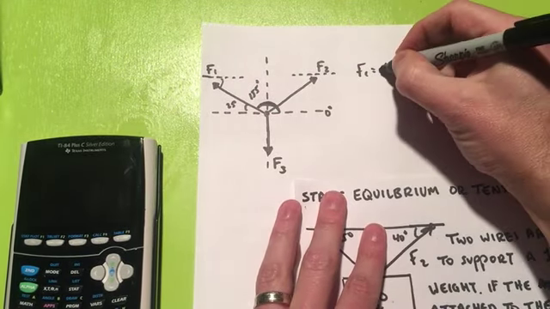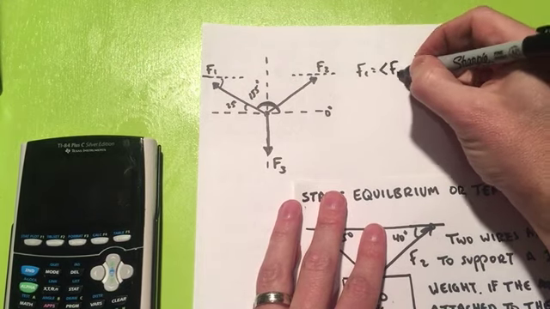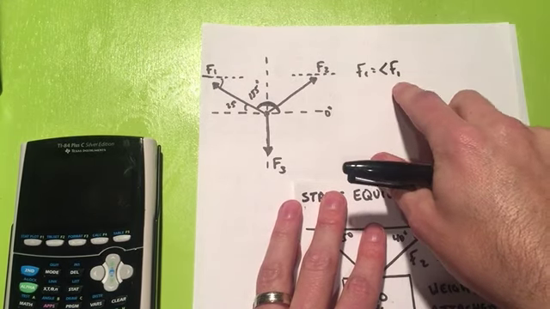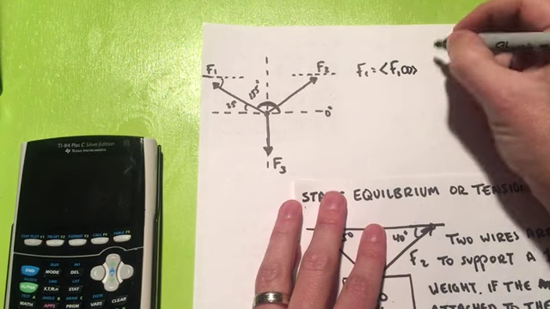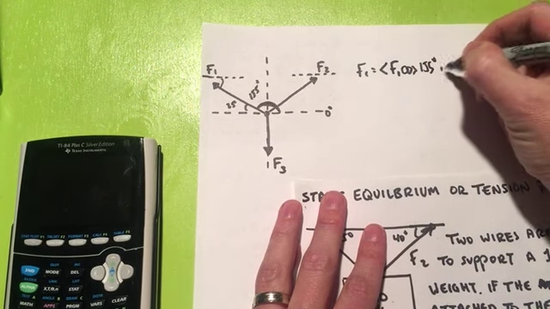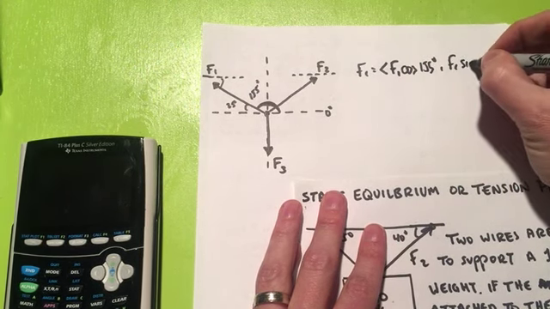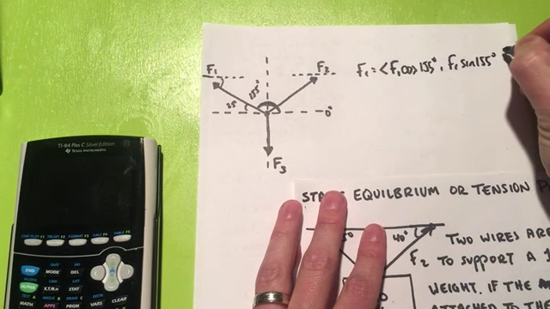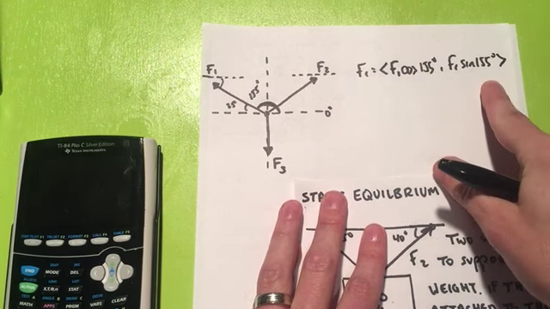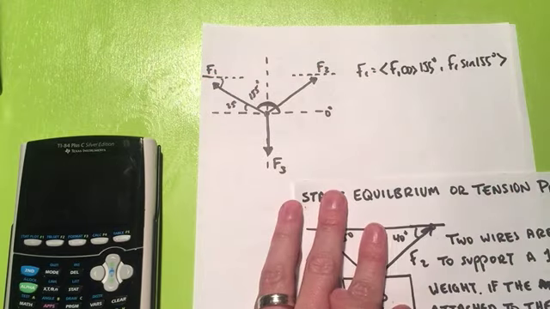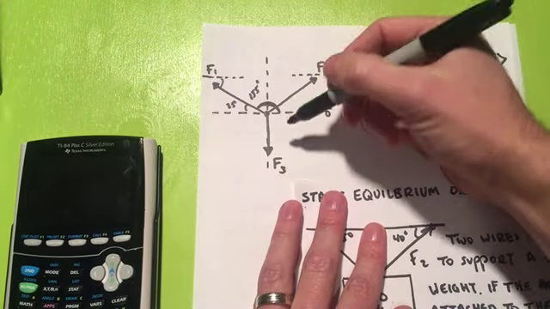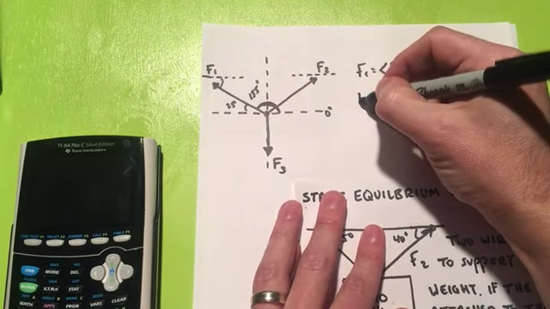So 180 subtract 25. Alternate interior angles, 25. So force 1 is going to be whatever the magnitude is. I'm going to label it F1 for right now. F1 cosine 155 degrees, F1 sine 155 degrees. We have an algebraic representation of force 1, where F1 is the tension on that wire.